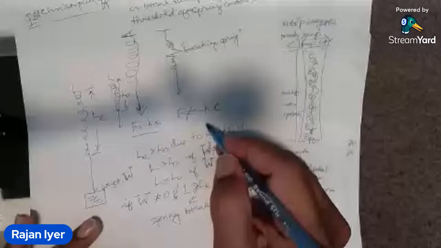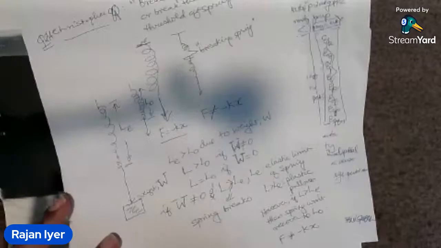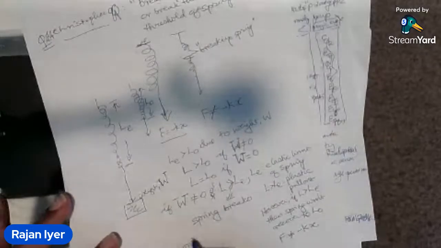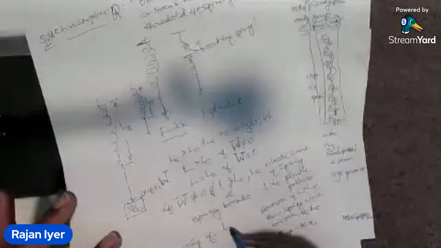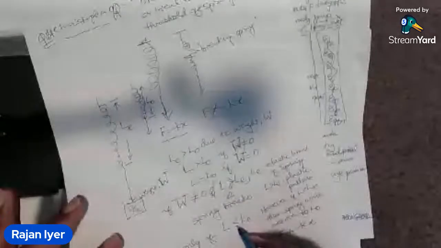So that would be the determining factor. F equals minus kx assumes that it comes back to the original length. That's what a spring is, right? So F equals minus kx only if L is less than Le. I can put equal, but I like to put less than.